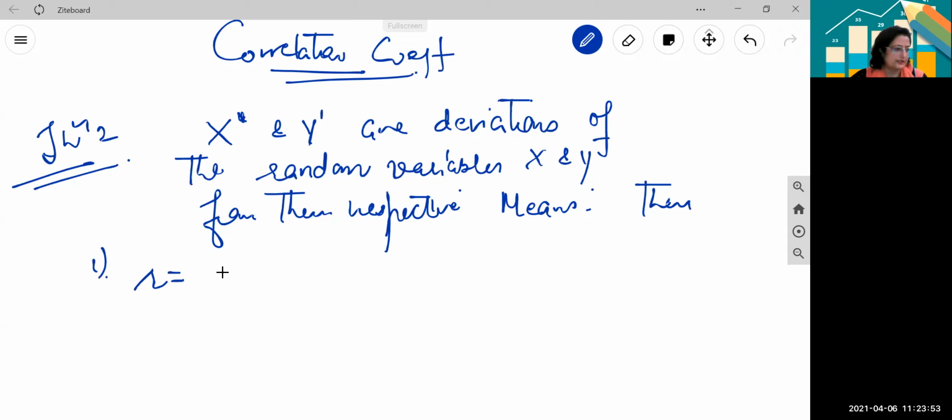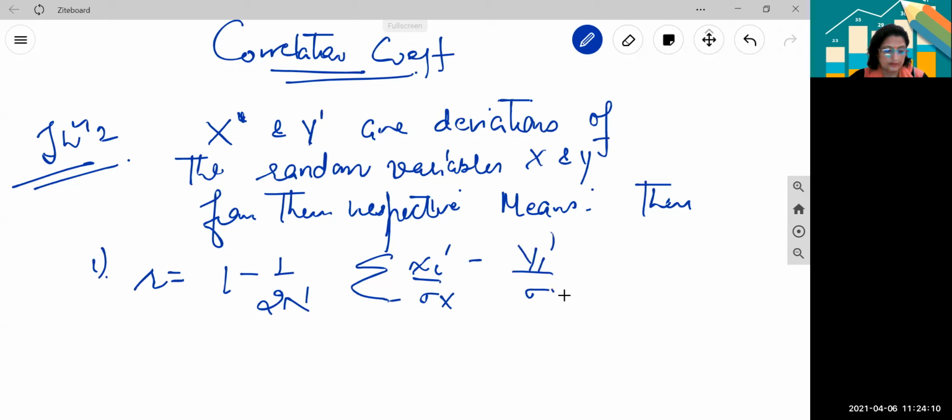Then there are two parts that we want to prove. That one is r is equal to 1 minus 1 by 2n summation xi dash upon sigma x minus yi dash upon sigma y its whole square, and the variation is of i.